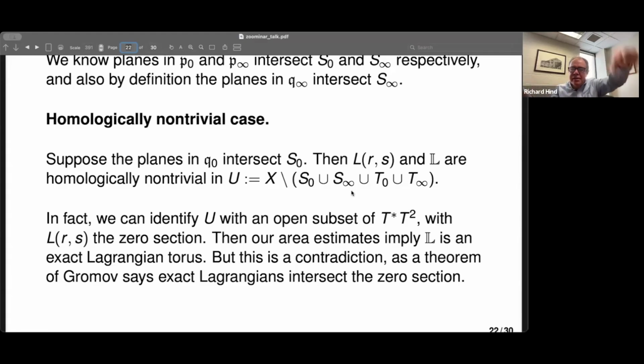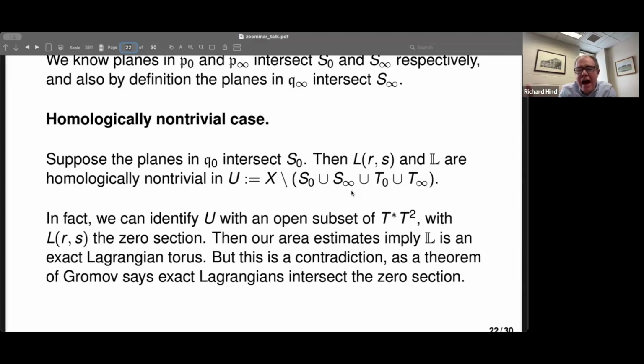You have two disks of area R, one asymptotic to one Lagrangian, one asymptotic to the other. They both intersect the S axis. You could imagine removing the intersection with the axis, gluing in a little cylinder, and then I get a cylinder between the two Lagrangians, which is going to have area 0.